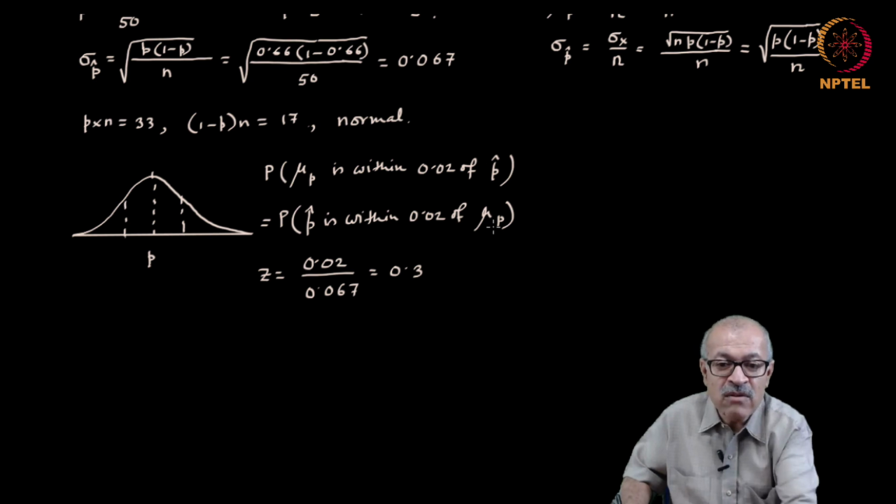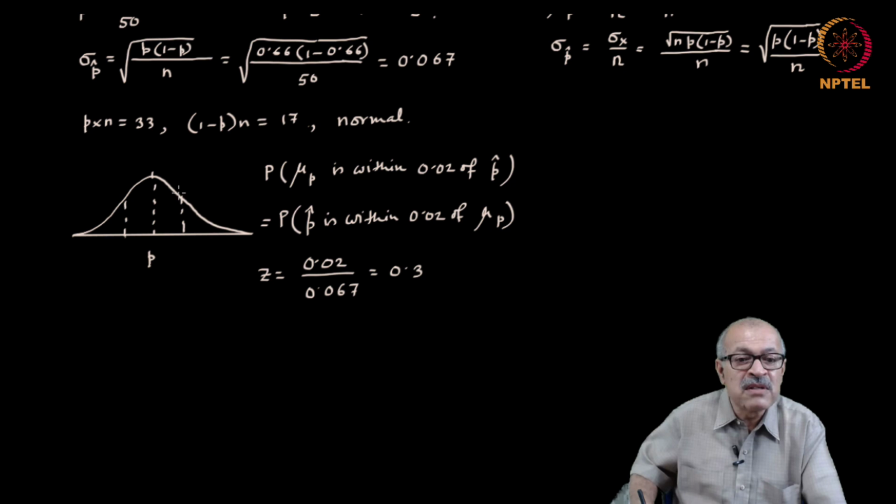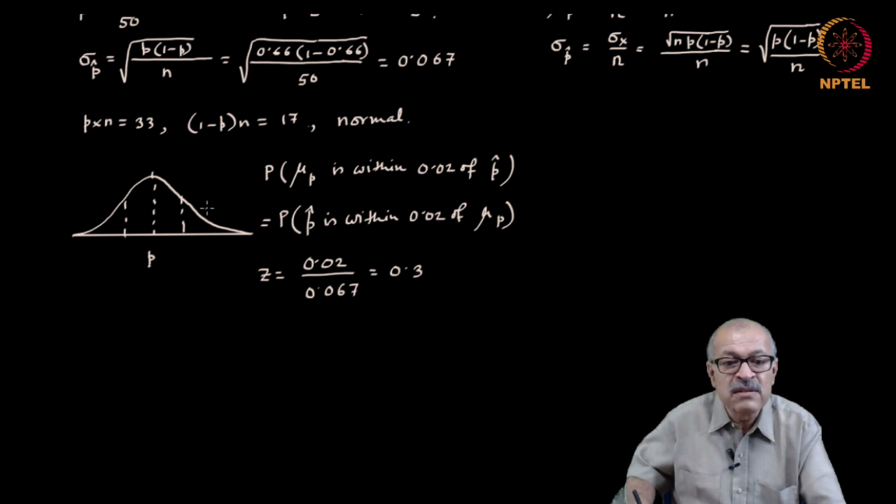Now, if you consult the z table and find out what is the, suppose 0.3 is somewhere here, 0.3 will be somewhere here maybe.